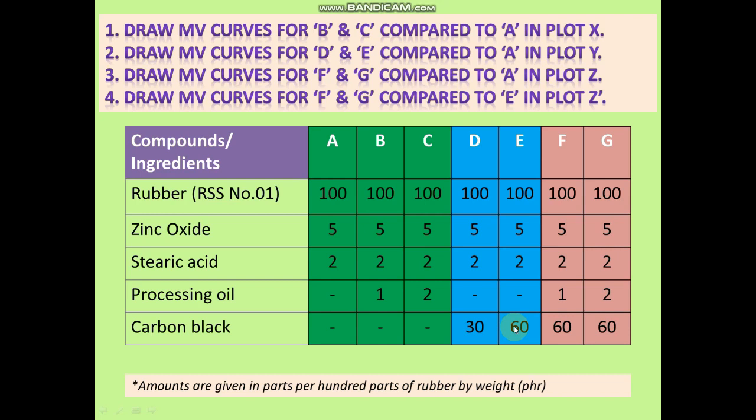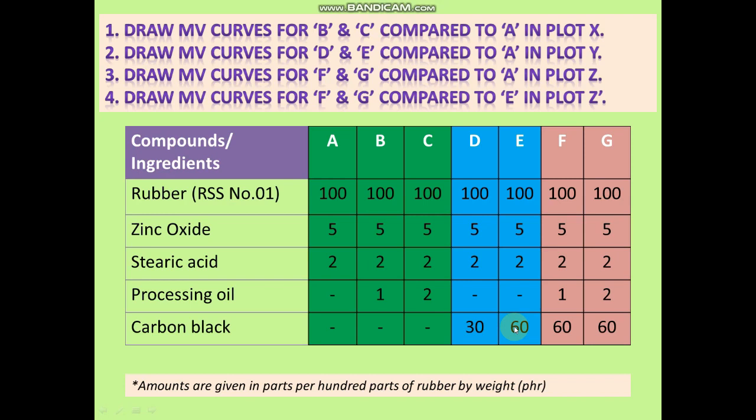Actually carbon black can increase the failure properties of rubber. It can increase the stiffness, it can increase the hardness of rubber. Means once we incorporate particulate or powder form fillers like carbon black into rubber compounds, it increases the compound's hardness.